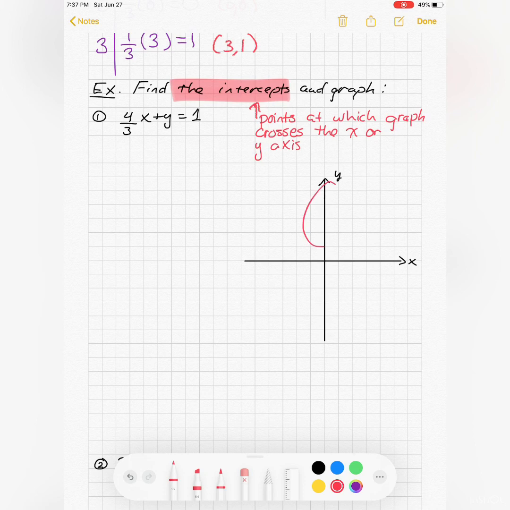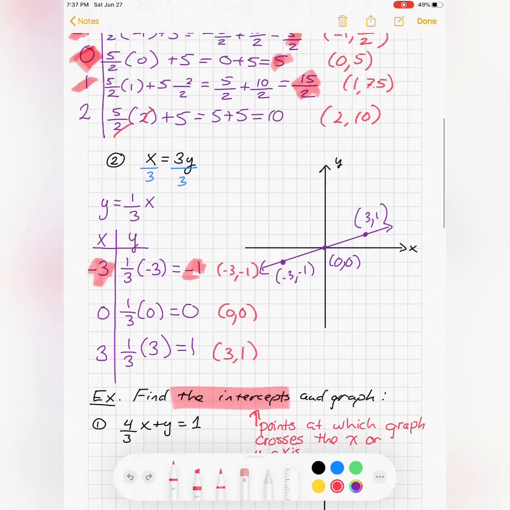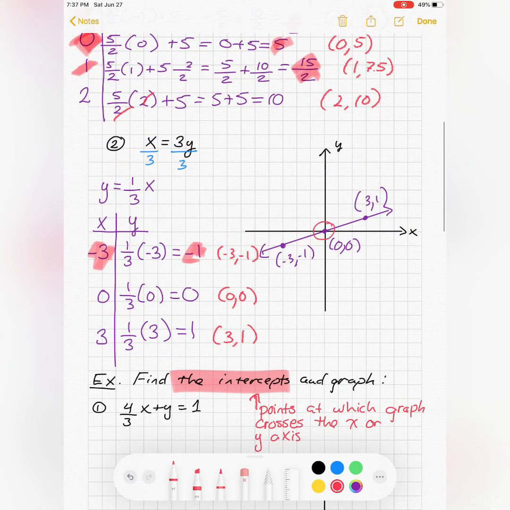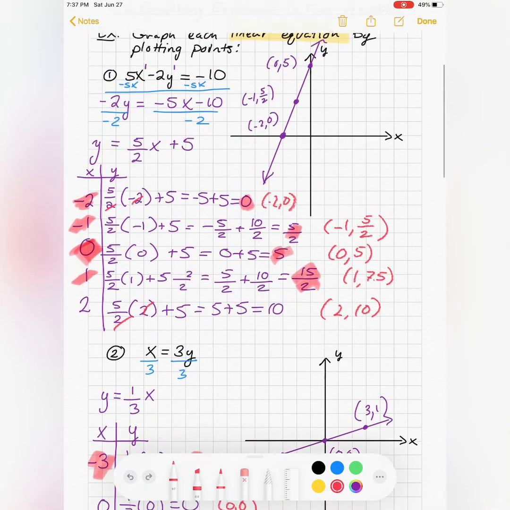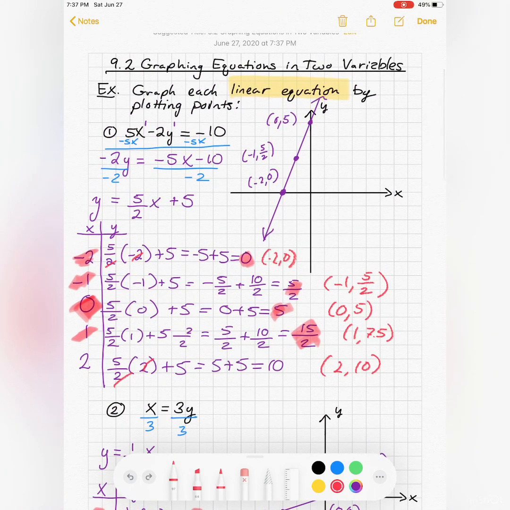Okay, in other words, they're points where the graph's either here on the y-axis or here on the x-axis. So let me look back at a couple of these other ones. So this guy has an x and y intercept at the origin. This guy, this would be a y-intercept because it's on the y-axis. This guy would be an x-intercept because it's on the x-axis.